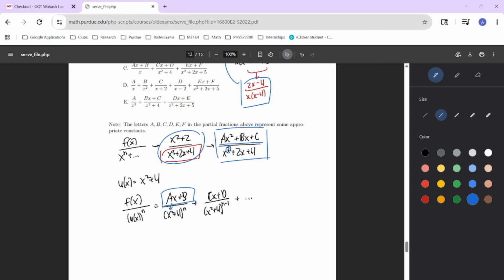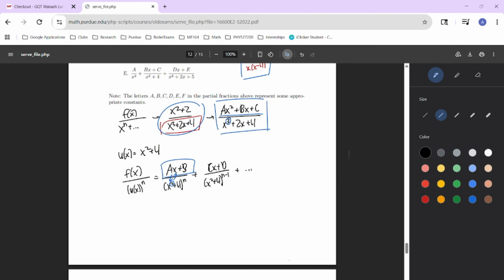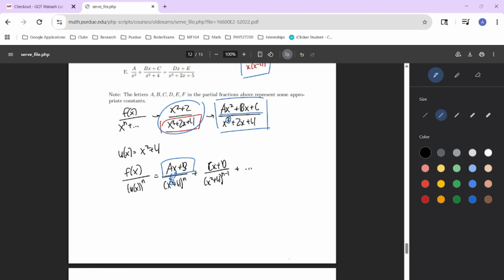So in this case, our highest degree in the denominator that we care about is x squared, which means that our top must have a form of ax plus b, a line, which is a degree 1 less than a quadratic function.